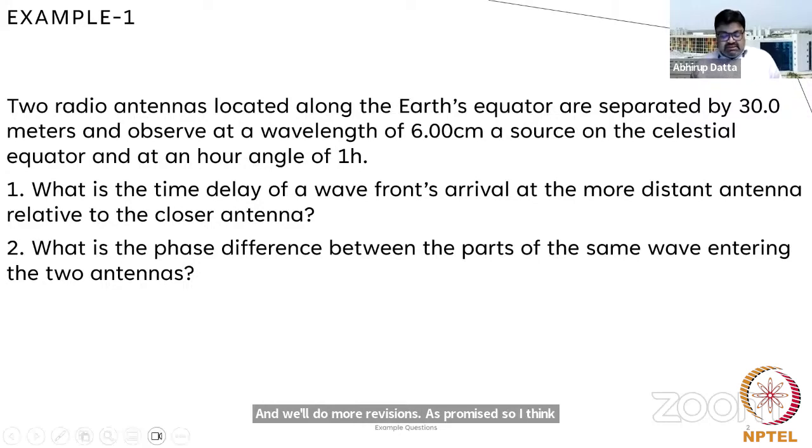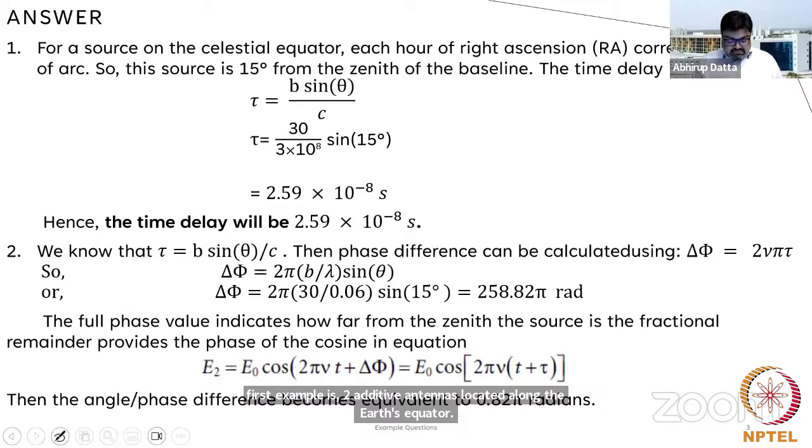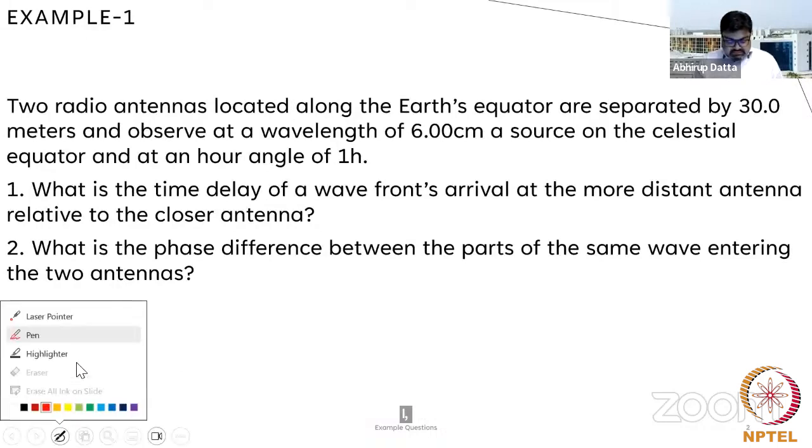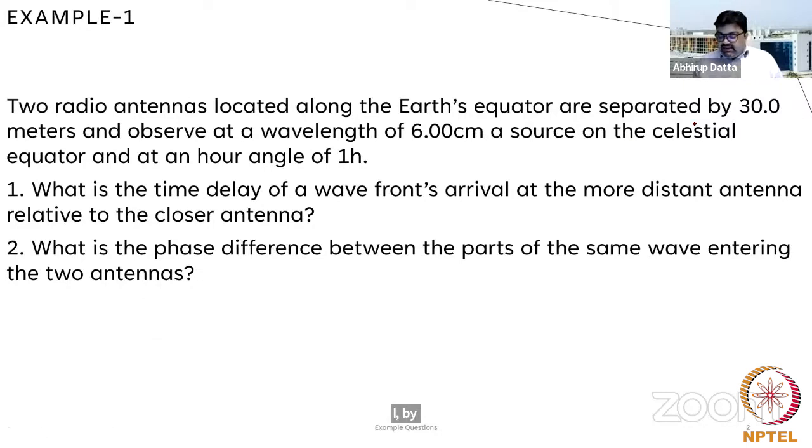So the first example is: two radio antennas located along the Earth's equator are separated by 30 meters.